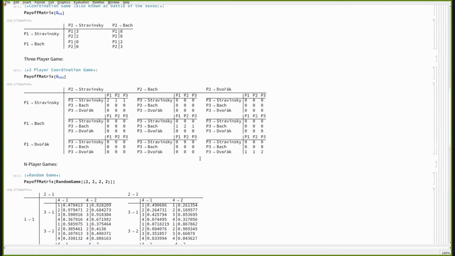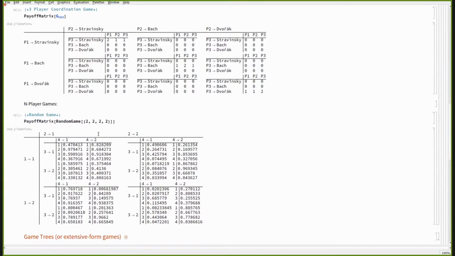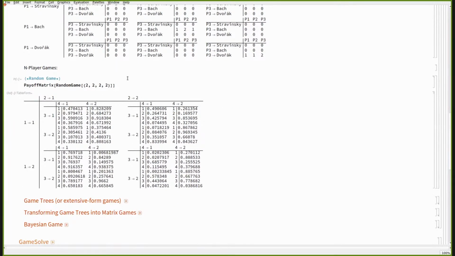And then here I implemented a function where you can generate random games, where you can list the cardinality of the action sets of the given players. Now, why isn't that just the equivalent of RandomReal, 1, 2, 2, 2, 2, 2? This is basically that.